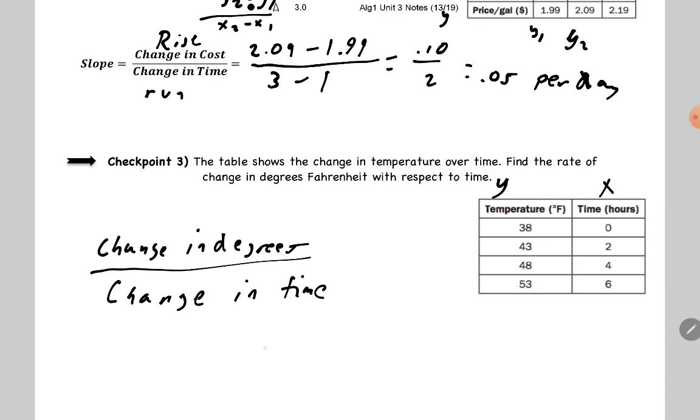So here we go. I'm just going to take any 2 points. Let's just use this one. So point 1 and point 2.